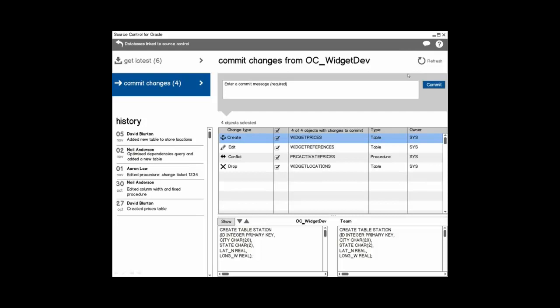So this is just a preview of one of the interfaces, and you can see here very easily somebody can commit these 4 changes. Firstly, obviously at the top of the screen on the left-hand side, we expect people to get the latest changes, commit the changes, and then share these around the team.